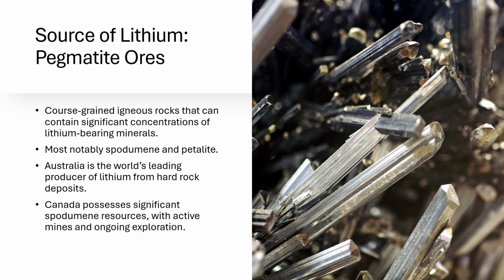Australia is the world's leading producer of lithium from hard rock deposits, and Canada also possesses significant spodumene resources with active mines and ongoing exploration. The Greenbushes mine in Australia is the world's largest and highest grade hard rock lithium mine, which produces spodumene concentrate that is processed into lithium chemicals.